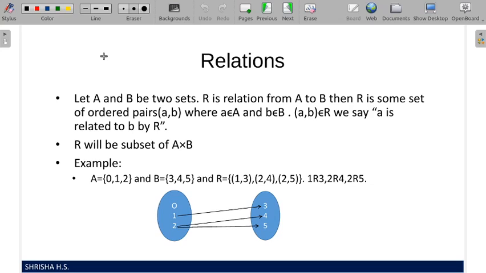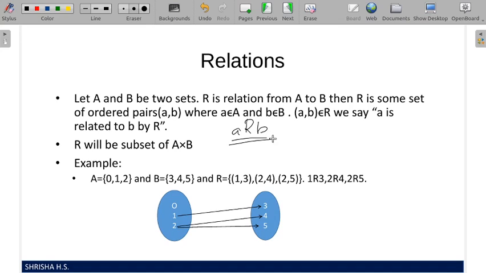Let's see the definition here. Let A and B be two sets. R is a relation from A to B, then R is some set of ordered pairs (a, b) where the first element belongs to A and the second element belongs to B. It is denoted by (a, b) belongs to R. We can also say in words, a is related to b by R, and write a R b.